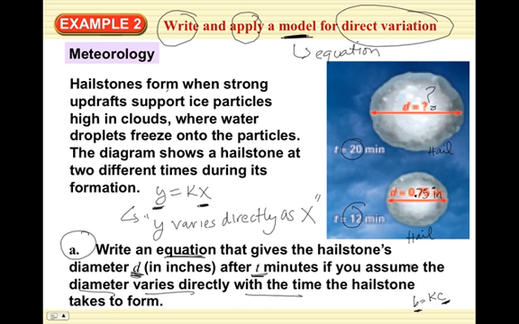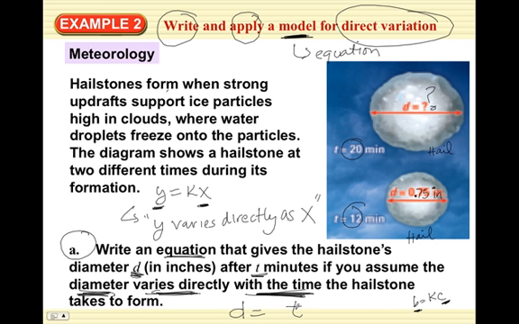So look at this. I'm trying to get you to pay attention to the wording of the problem. Diameter varies directly as the time. You have to write this equation in a certain way. Here's your equation. Diameter, D, varies directly with time, T. Diameter has to be on this side.